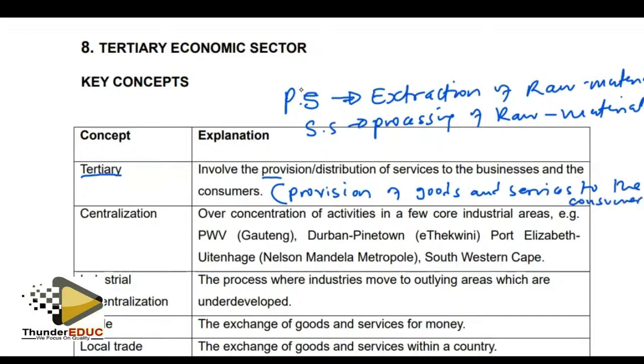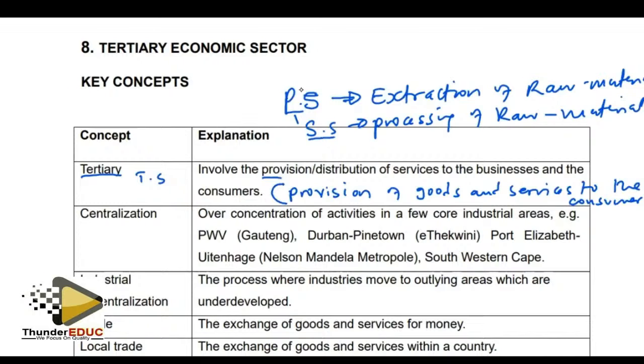There is provision of goods and services, meaning the primary sector, secondary sector, and tertiary sector are interlinked. Raw materials move from the primary to the industries, they are processed into goods, then goods are taken to the tertiary sector, where they will be provided to the consumers.